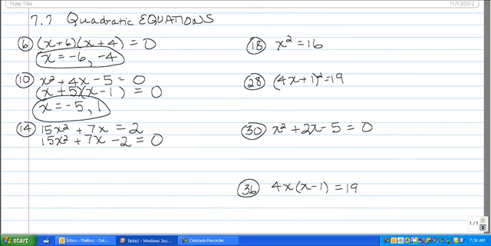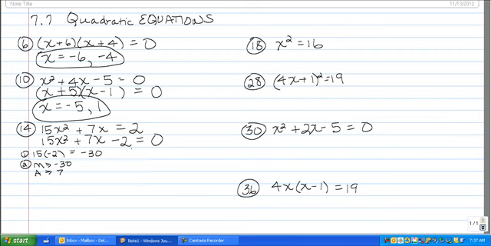Now we need to factor, and this is one of those that I have to take 15 times -2 would be -30, and I want to come up with two numbers that will multiply to give me -30, but add to give me a 7.